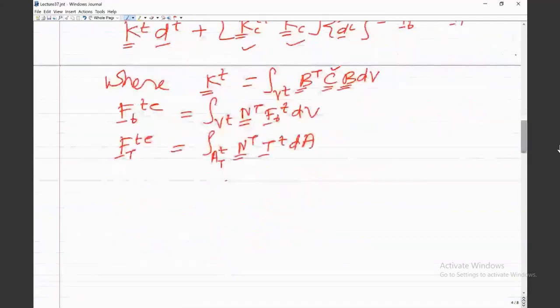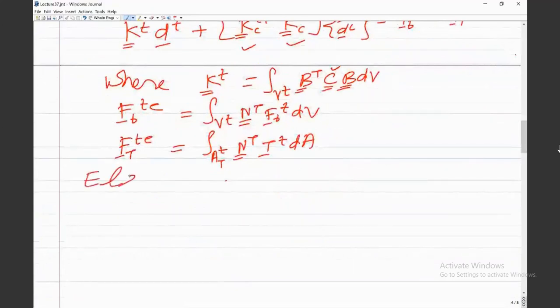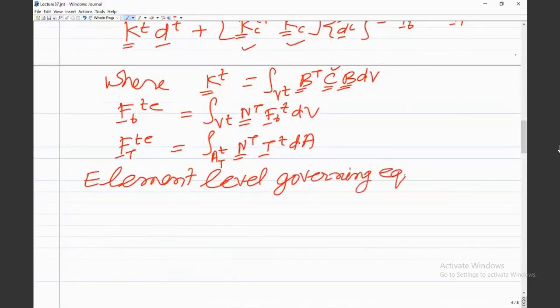Now coming to the element level governing equation for the contactor body, the approach is actually the same.